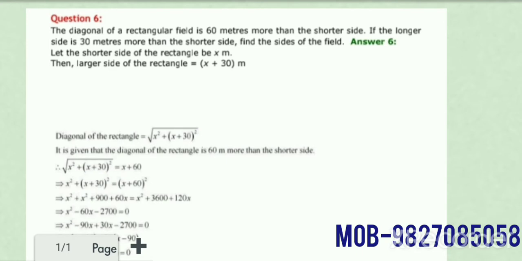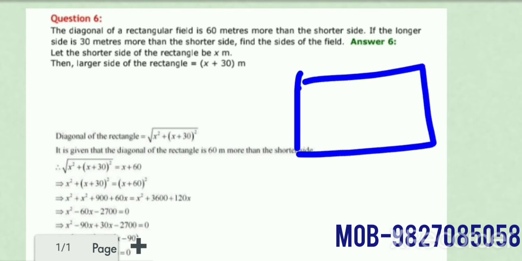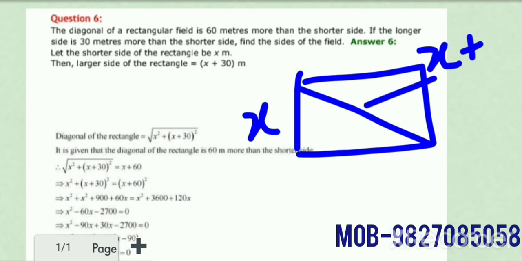Now question number 6, the diagonal of a rectangular field. Here firstly we are drawing a rectangular field. This is a diagonal. According to the question, suppose this is the shortest side x, so the diagonal is equal to x plus 60. Now the other side is 30 meters longer, which means this will be x plus 30.